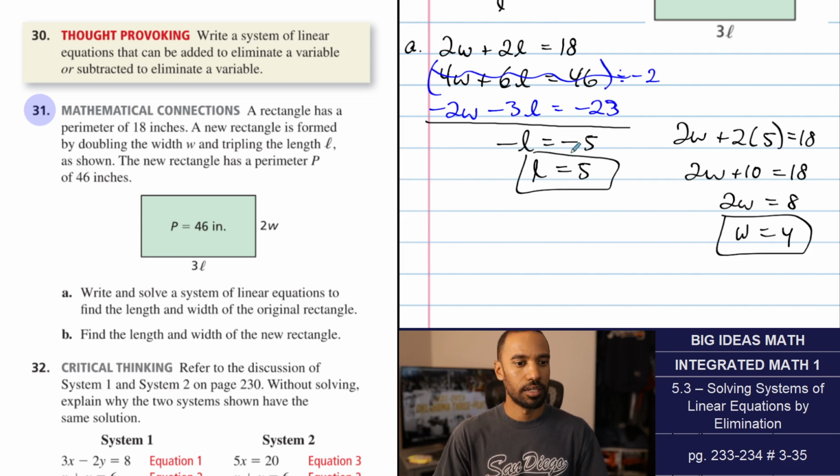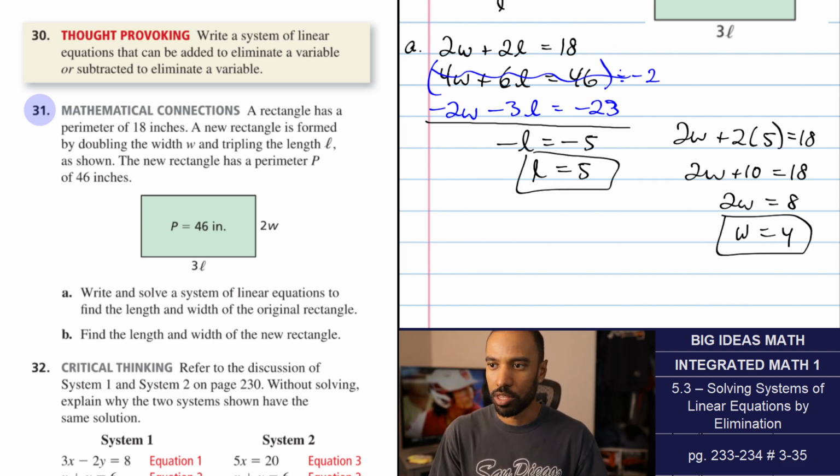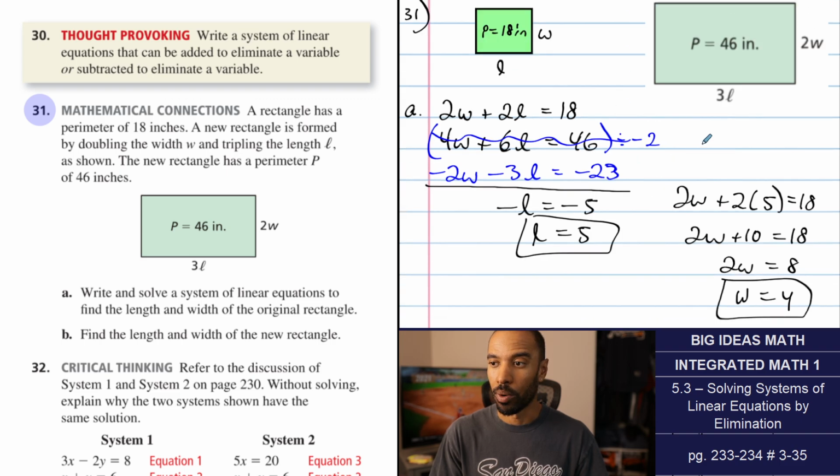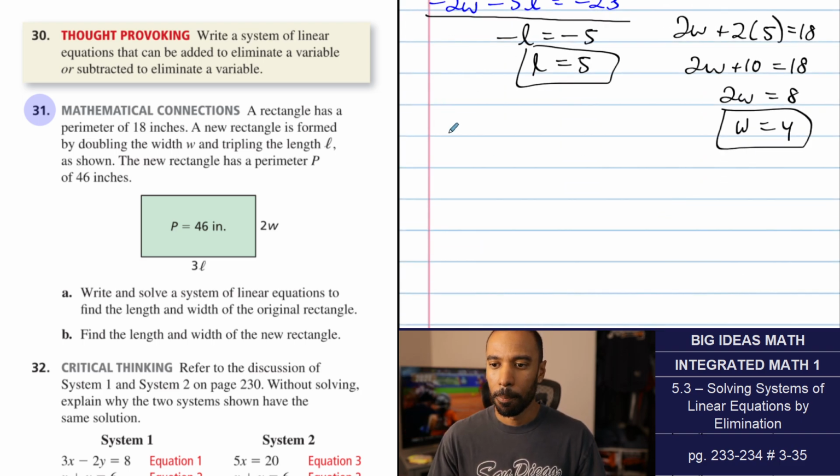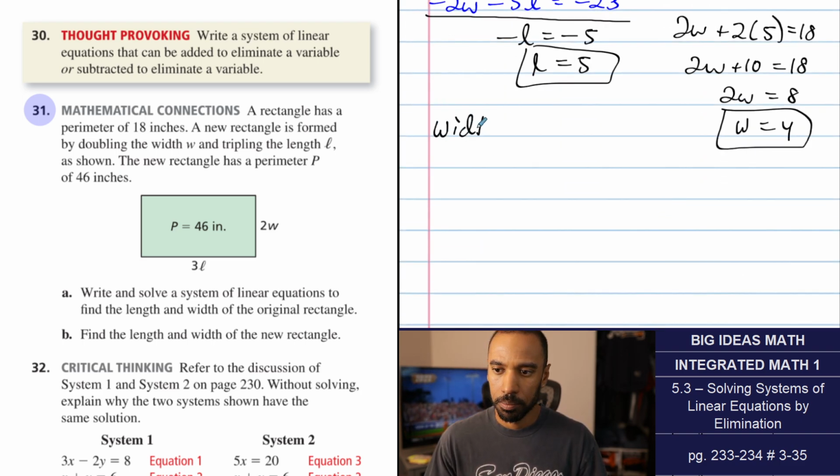So the length and width of the new rectangle, oh, we're not done. So 2 times 4 and 3 times 5. So width of new rectangle is 2 times 4, 8 inches. Length is 3 times 5, which is 15 inches.